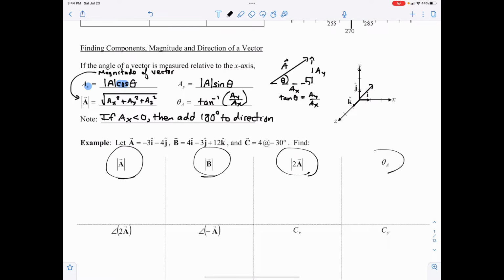We want to find the angle at which vector A is pointing, the direction that 2 times vector A is pointing, and the direction, the angle, that negative A would be pointing. We want to find the x component of vector C and the y component of vector C.